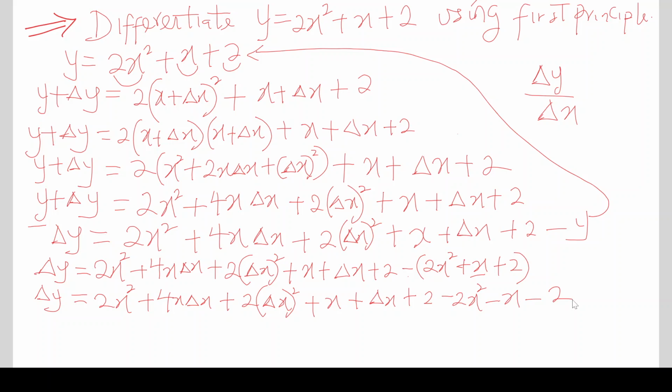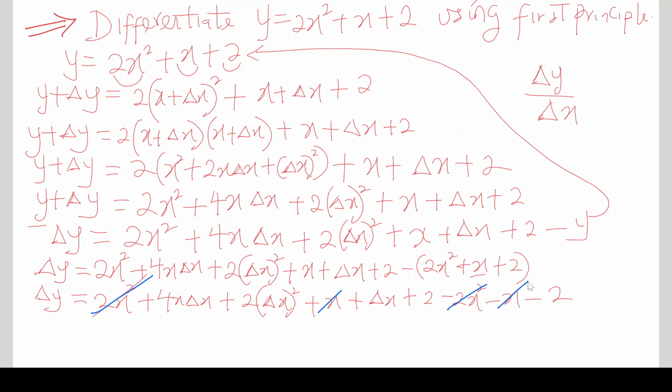We have 2x squared and minus 2x squared giving us 0. Plus x and minus x also cancel each other out.